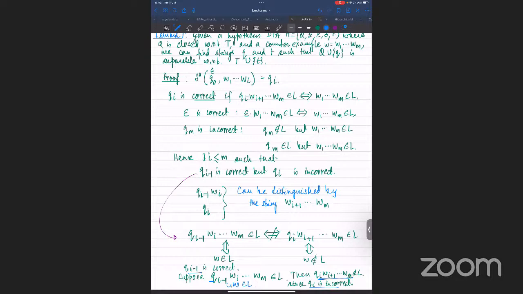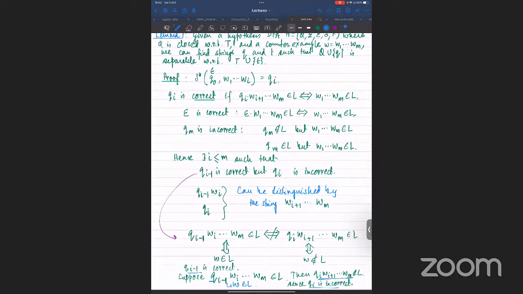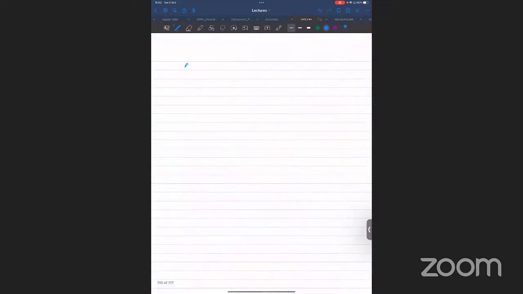So again, what do we get? Or it could be vice versa. So we said the following: Qi minus 1 Wi to Wm belongs to L, and Qi Wi plus 1 to Wm does not belong to L, or it could be the other way around also.